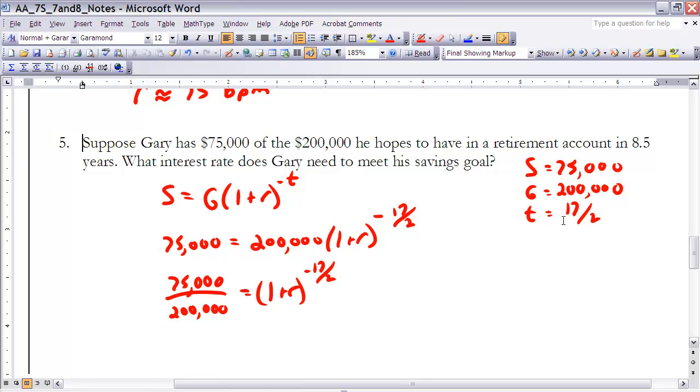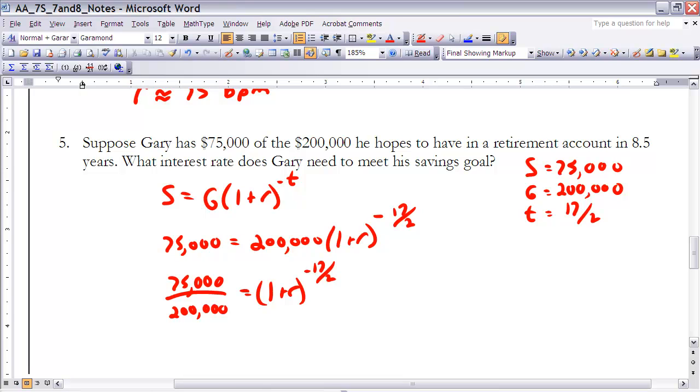If I plug those values in, negative T is going to be negative 17 halves. So to solve this, I have to raise each of these to the inverse of that, which would be the negative 2 over 17. So 1 plus R would be equal to 75,000 divided by 200,000.